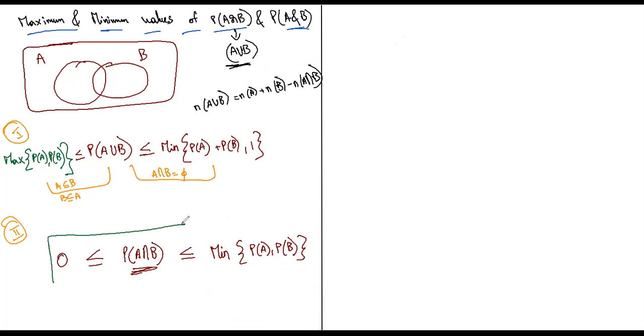These are two more inequalities. Add them to your notes. And last class I gave at least 4 or 5 inequalities. Those are also important. So using these 2 plus the 4 inequalities I gave in last class, you should be able to do any question related to inequalities in probability. Okay? If it is related to set theory. Done?